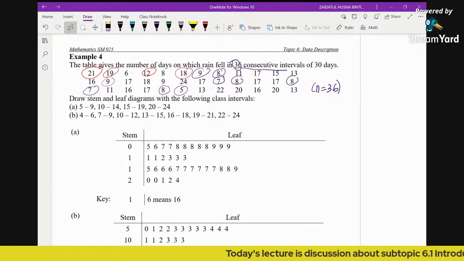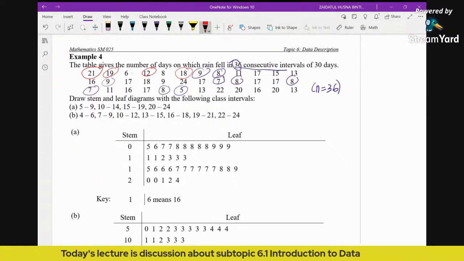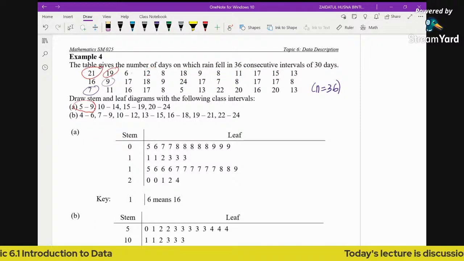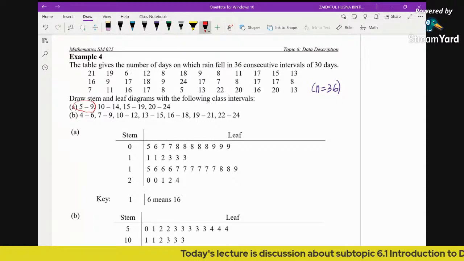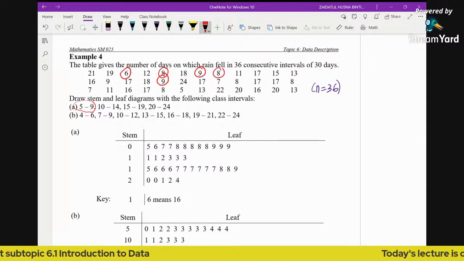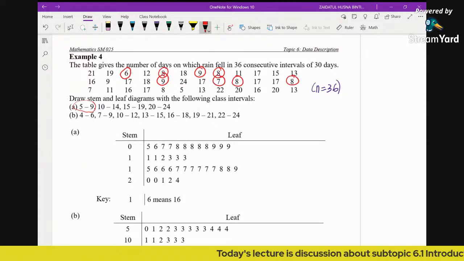Because the class intervals are given, for 5 to 9, we identify which data fall into this interval. We just look for any values that fall into it. For example, 6, 8, 9, 9, 8, 8, 7, 9 and 8, as well as 5.